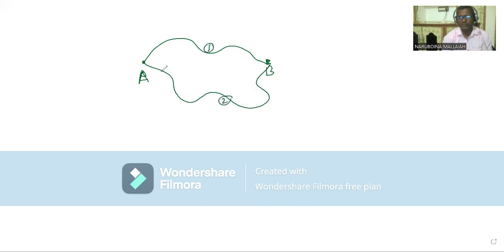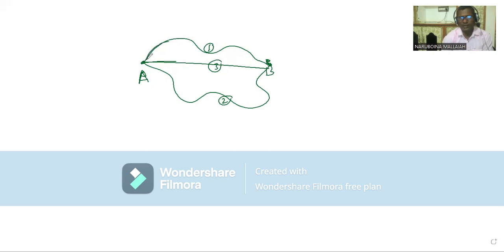Another way is this path, path 2. Another route, the third path, is the straight path, path 3. So to reach B from point A, I have three paths.